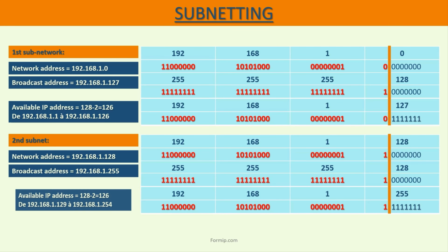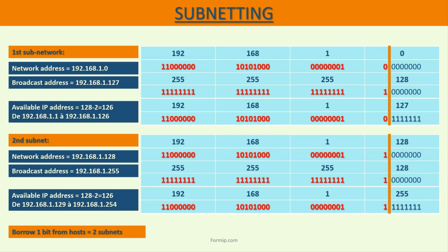We can therefore use the IP addresses from 129 to 254, which come from the network 192.168.1.128. In conclusion, by borrowing 1 bit of hosts, it is possible to create 2 subnets.